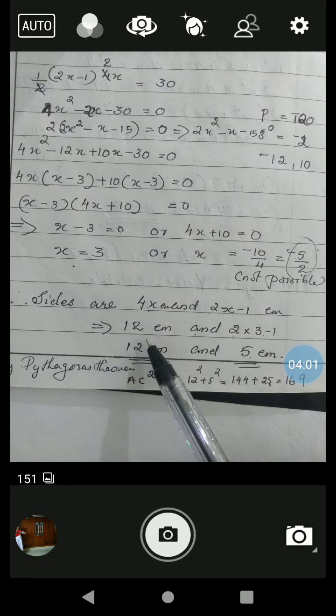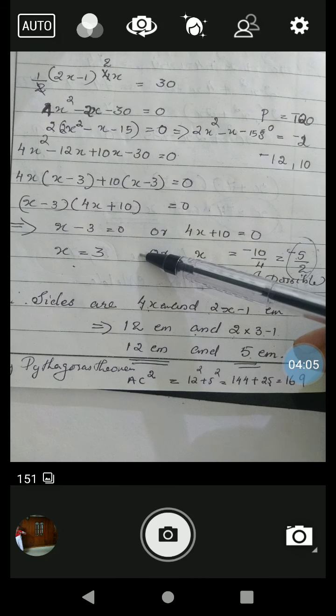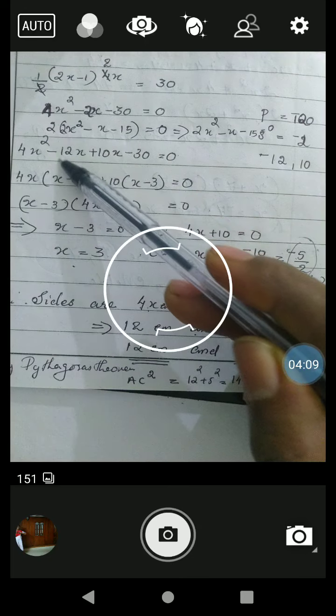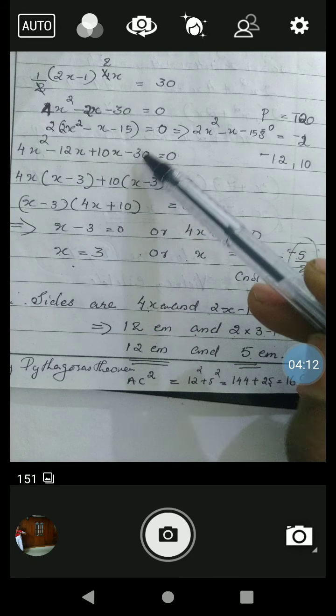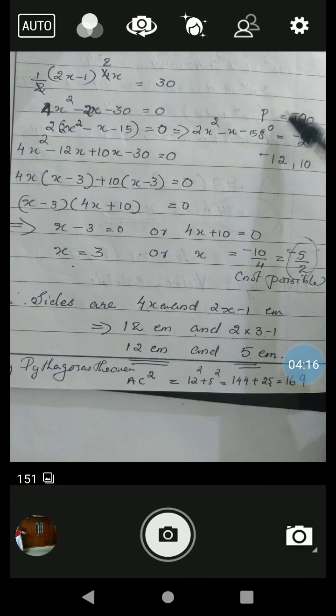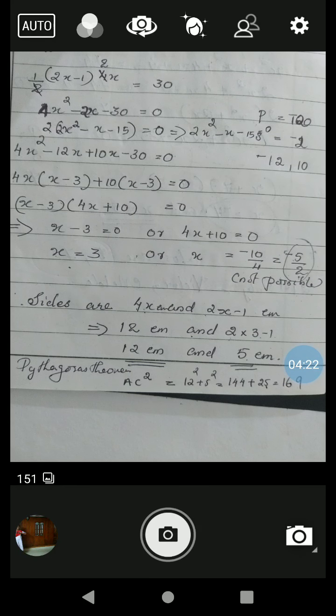Therefore, you can see all steps here from this expression directly solved. But we can simplify that equation in this form and you can do in that way. You can see all steps here. Therefore, sides are 12 centimeter and 5 centimeter.